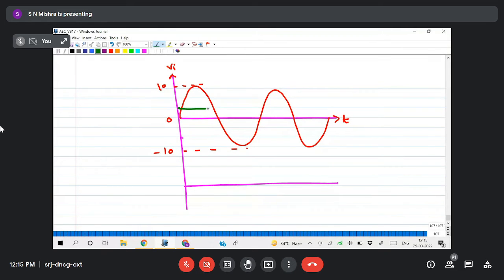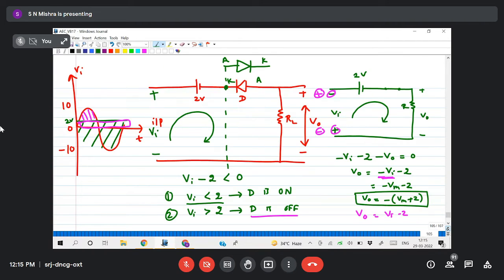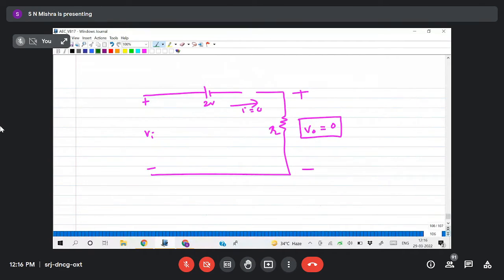So I will take 2 volt this line. So what I am getting, whenever Vi is less than 2, I am getting V naught equals to Vi minus 2. Whenever Vi is greater than 2, then diode is off, V naught equals to 0.